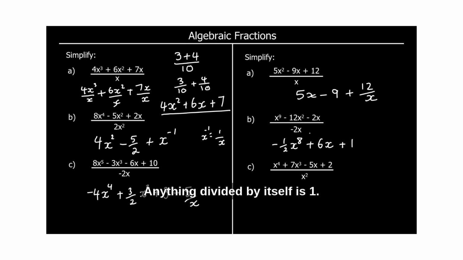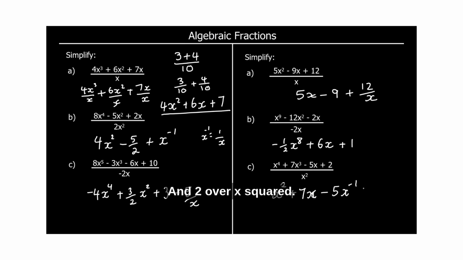Anything divided by itself is 1. And the last one, x to the power of 4 divided by x squared is x squared. 7x cubed over x squared is 7x. Minus 5x over x squared is negative 5. Either x to the power of negative 1 or negative 5 over x.